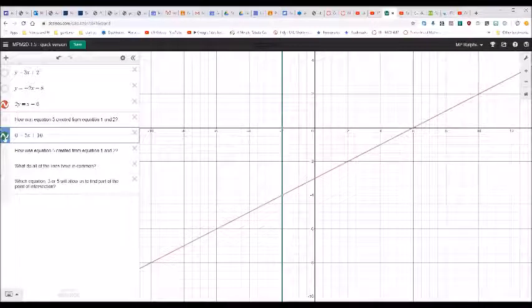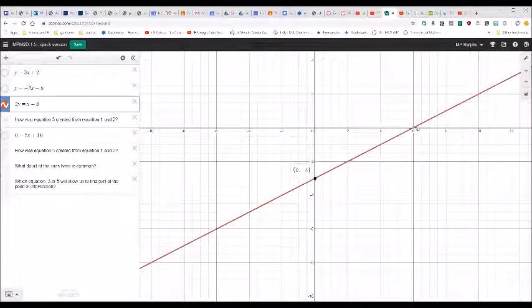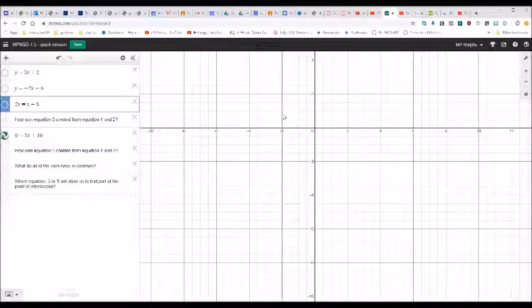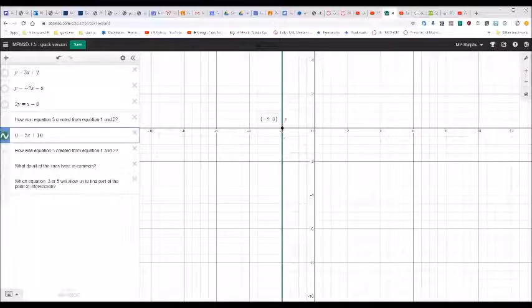Well, here's a bit of a clue. If I've got 2y equals x minus 6, notice that it's got an x and a y intercept. So algebraically, that would be impossible to determine what the value of x and y are. But if I take a look at this other equation, equation 5, 0 equals 5x plus 10, notice that it's a vertical line and it goes through the x axis at negative 2.